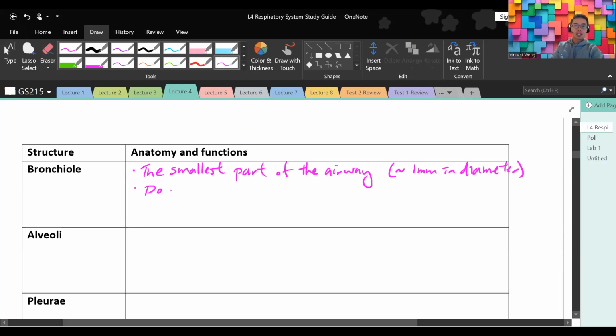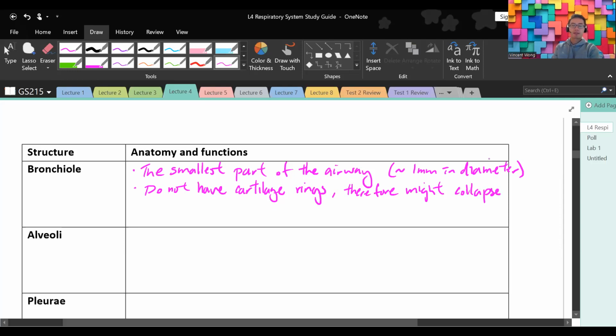They do not have cartilage rings. Therefore, they are collapsible. Okay.